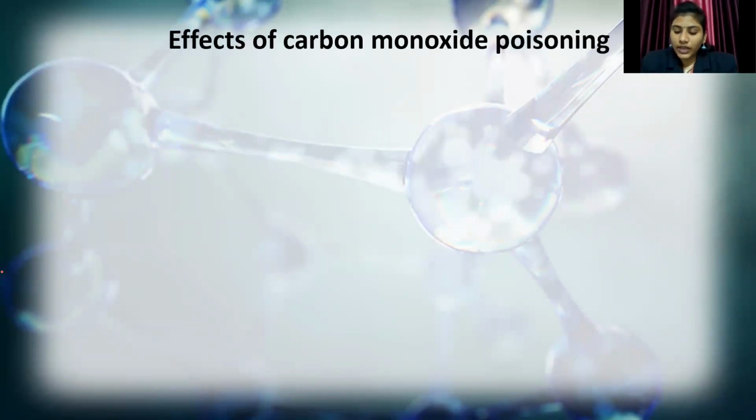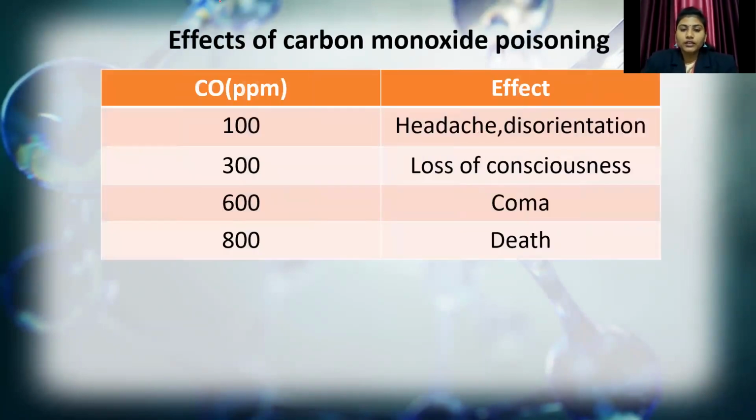Effects of carbon monoxide poisoning. It depends upon the amount of carbon monoxide. If 100 parts per million of carbon monoxide is present in our blood, then it causes headache and disorientation. If it is 300 parts per million, it may cause loss of consciousness.